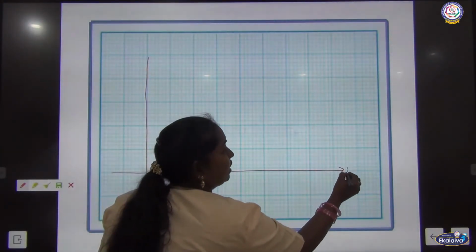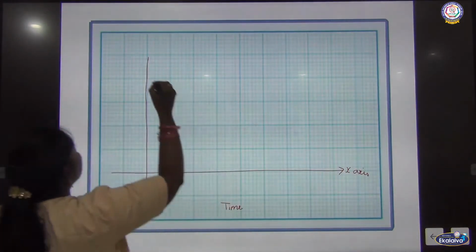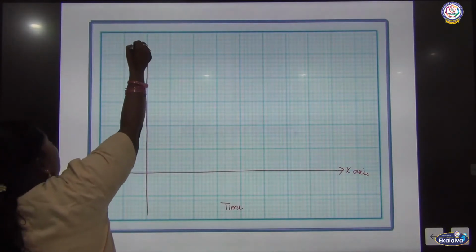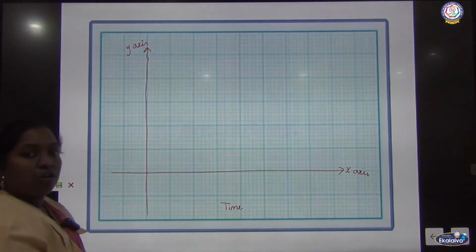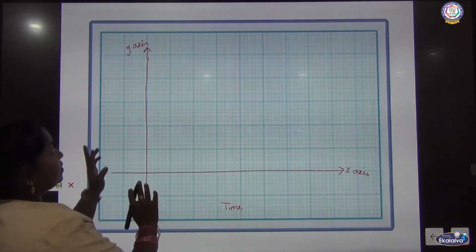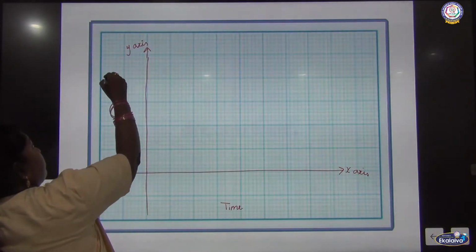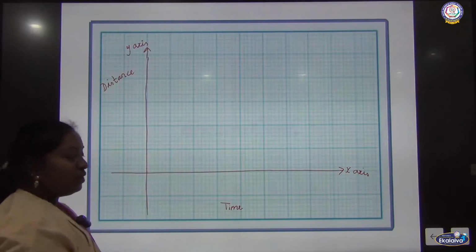Don't forget to write the axis name. Here time, next is velocity.